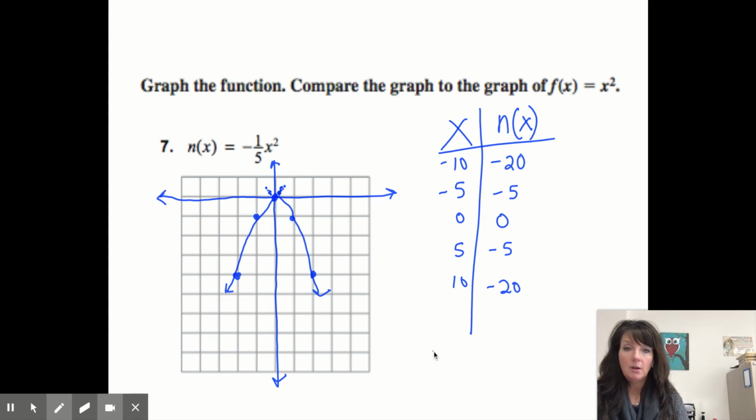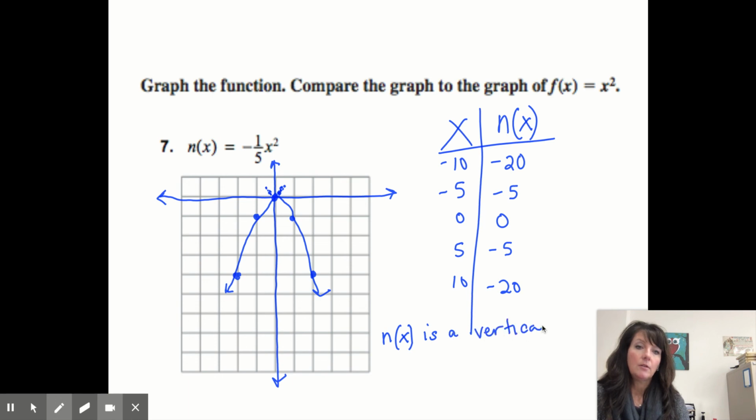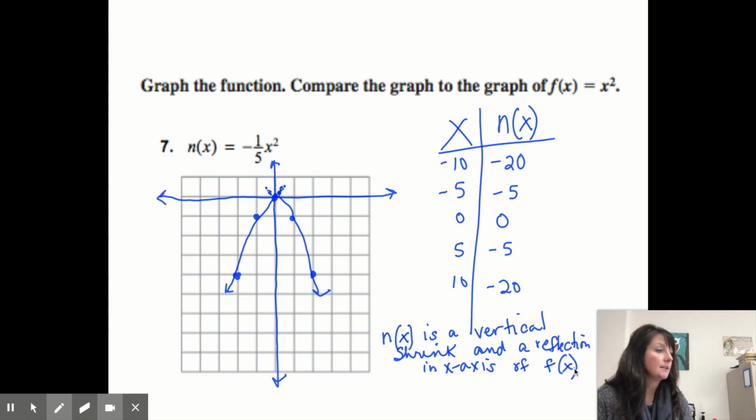So when we describe it, we would say that n of x is a vertical shrink and a reflection in the x-axis of the parent function, or f of x, or something like that.